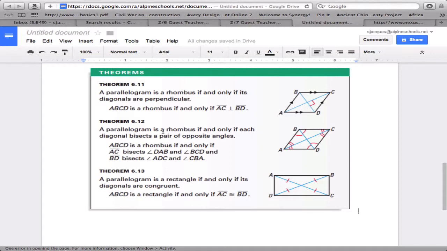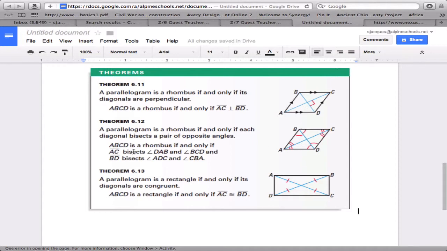Another theorem, 6.12: a parallelogram is a rhombus if and only if each diagonal bisects a pair of opposite angles. So we're looking here, we have our diagonals and they bisect, which means that they're going to create those opposite angles.